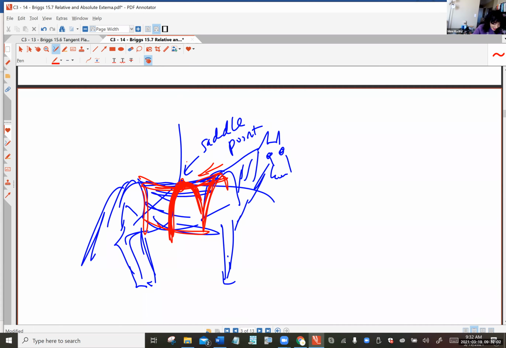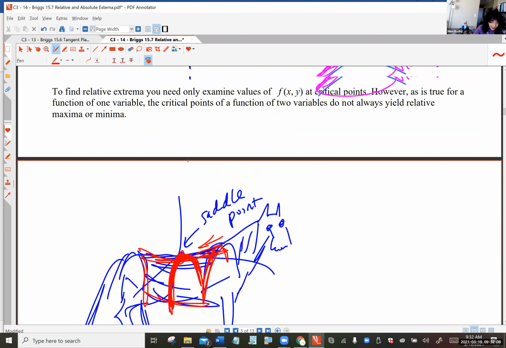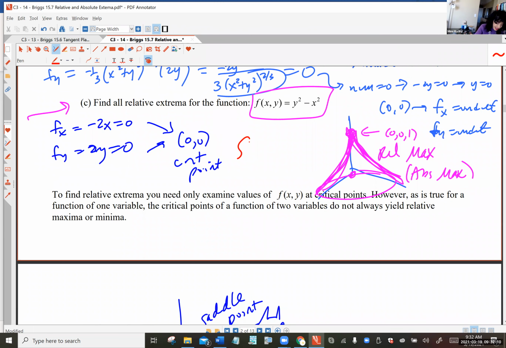Cool beans, huh? So those are the three options that you have. So we're not getting a max or a min. This critical point is giving us a saddle point, neither a max or a min. And so we don't have inflection points here in Calc 3. We have something called a saddle point.